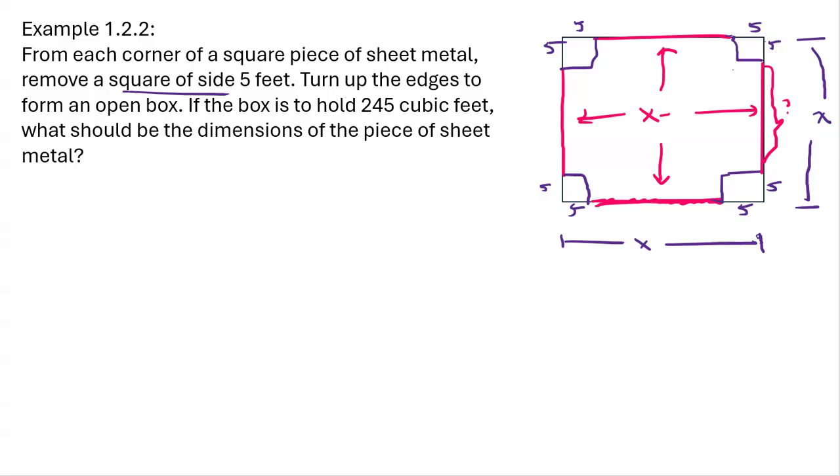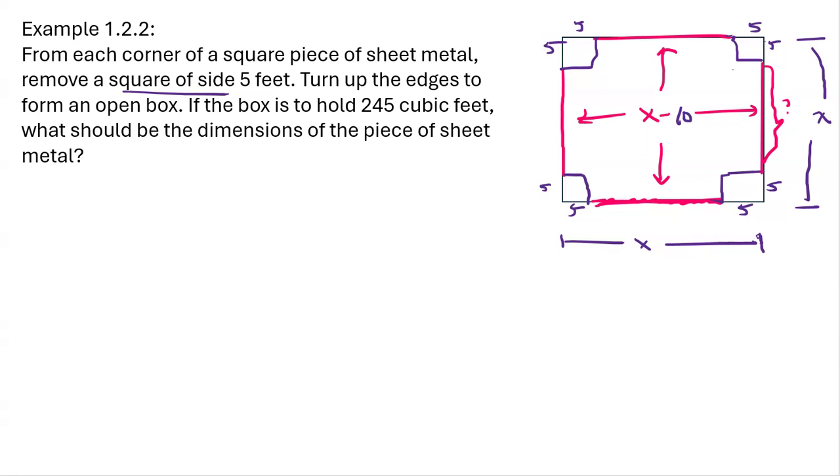So that means if this side is x, then this part where I have a question should be x minus 10. And that would be x minus 10 for each of these sides here. So when we fold this, it's going to create that box, right? As we had mentioned on the last problem.